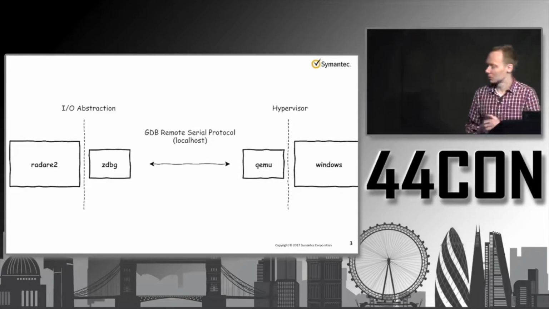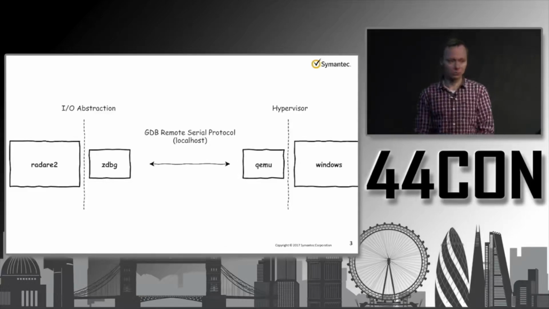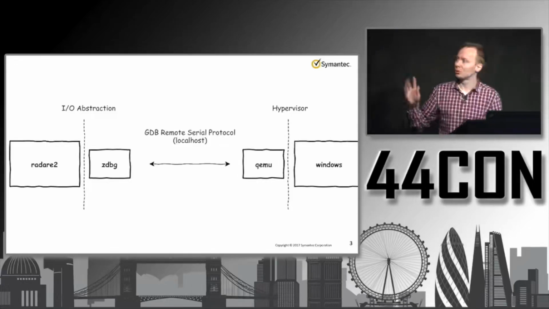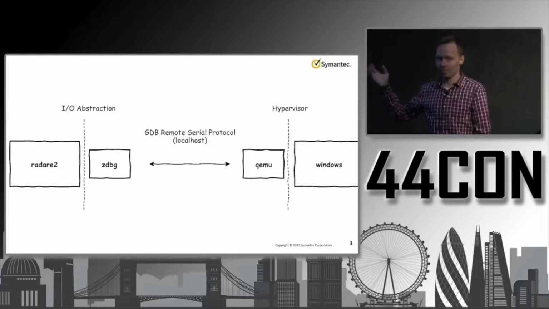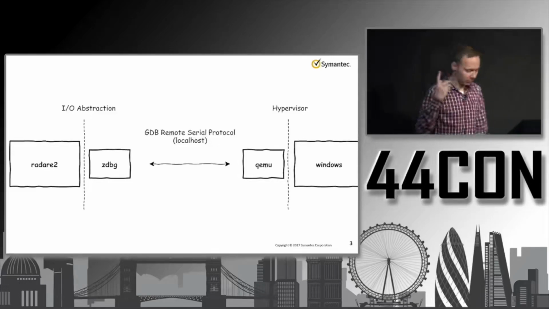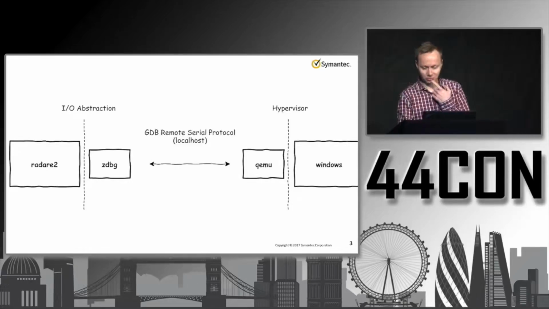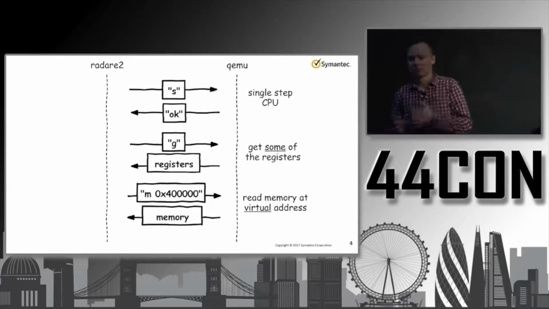So the idea is that the Windows VM is running under QEMU, which is making use of KVM, and there's no debugging mechanism at all inside the VM. That's the idea. So in order to do this, I'm making use of a bit of an ancient protocol called the GDB Remote Serial Protocol, which was designed, I don't know, 1,000 years ago.